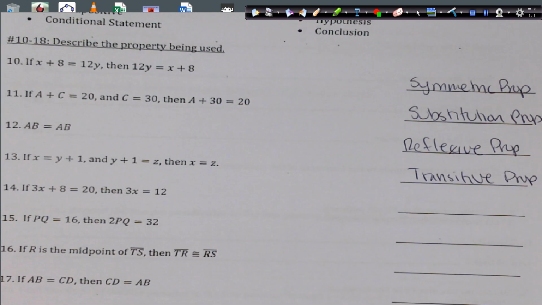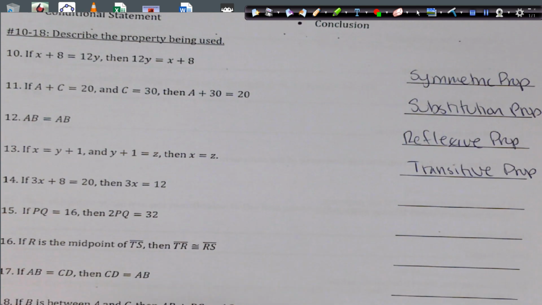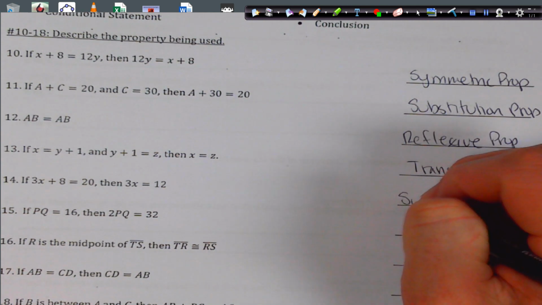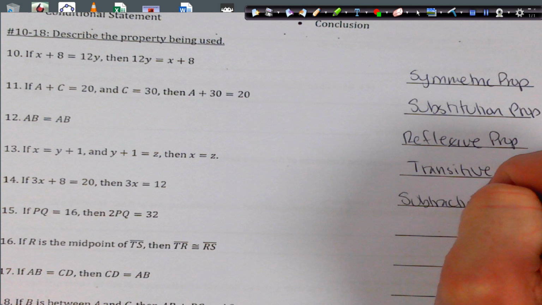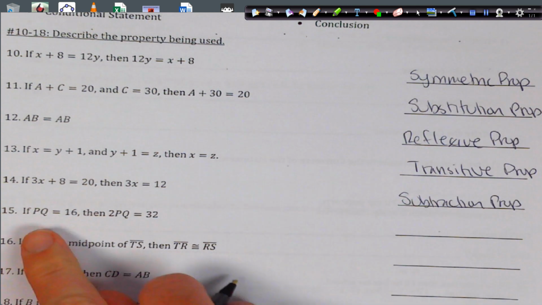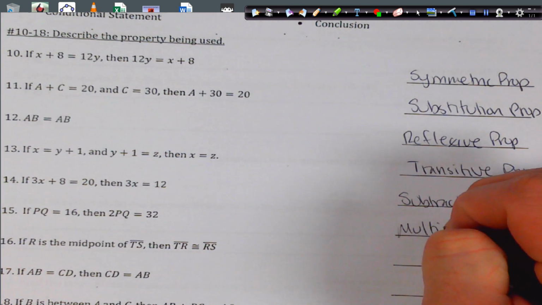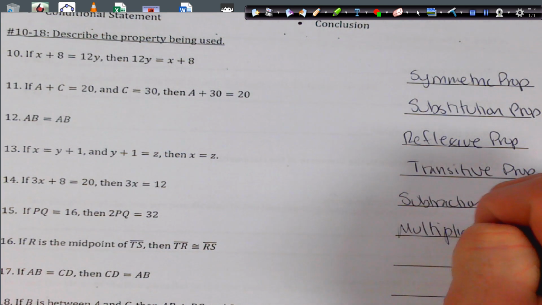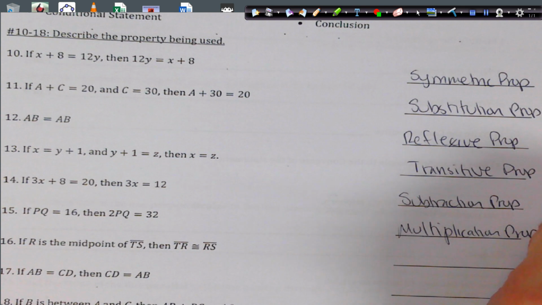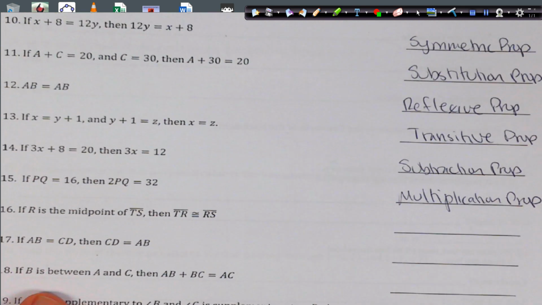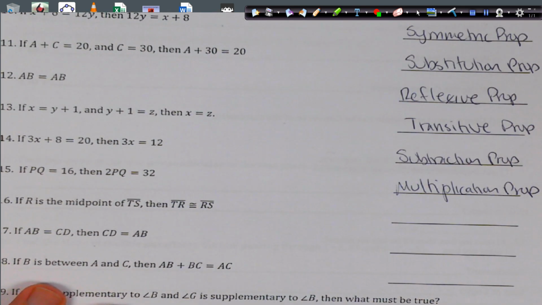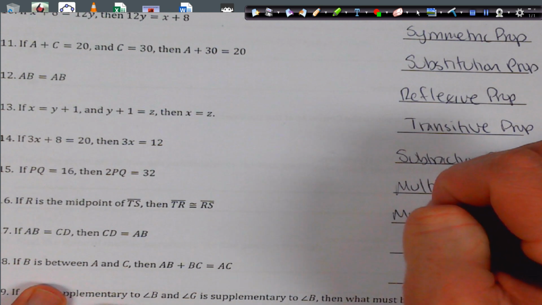3x plus 8 equals 20, then 3x equals 12, so we're subtracting 8 on both sides, so that's subtraction property. Here we're multiplying both sides by 2, so that's multiplication. R is the midpoint of TS, then TR equals TS, that's midpoint.